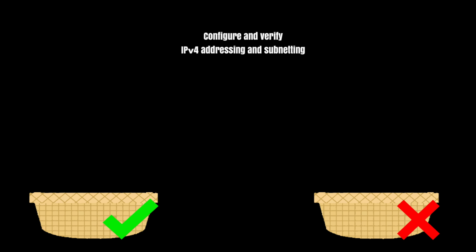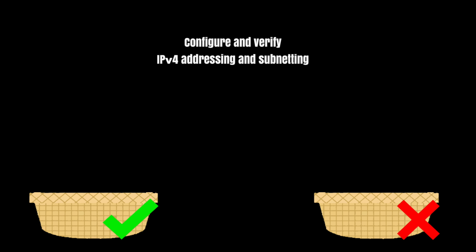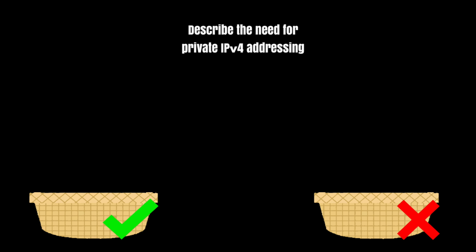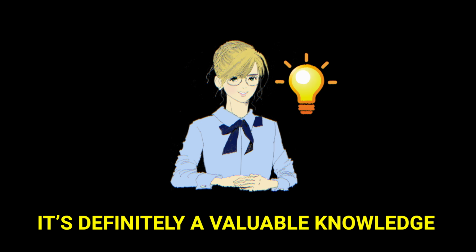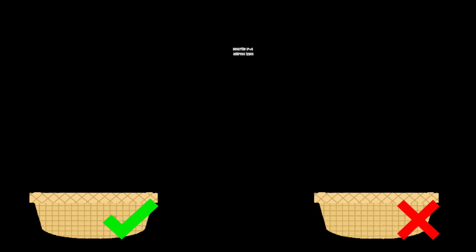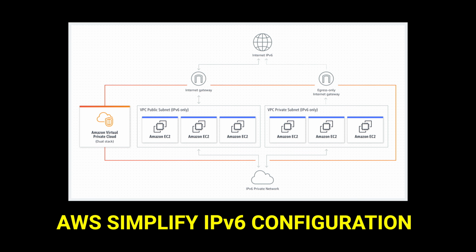Configuring and verifying IPv4 addressing and subnetting is also valuable knowledge. Describing the need for private IPv4 addressing is additional valuable knowledge. Configuring and verifying IPv6 addressing and prefix is for the green bucket since it's definitely valuable knowledge. Another necessary guideline is describing IPv6 address types because it's definitely valuable knowledge, but AWS simplifies IPv6 configuration.